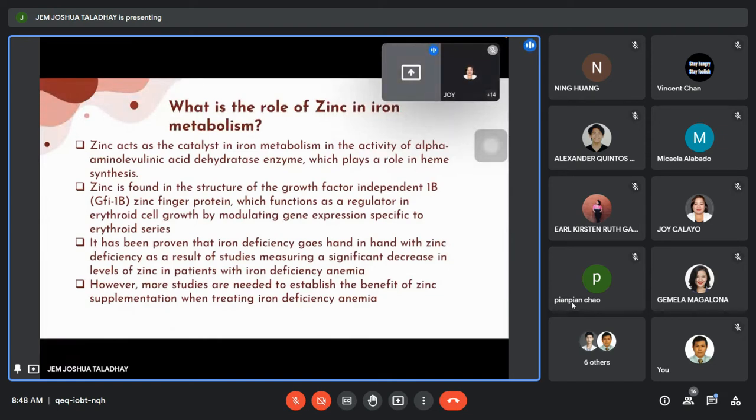It has been proven that iron deficiency goes hand in hand with zinc deficiency as a result of studies measuring a significant decrease in levels of zinc in patients with iron deficiency anemia. However, more studies are needed to establish the benefit of zinc supplementation when treating iron deficiency anemia.